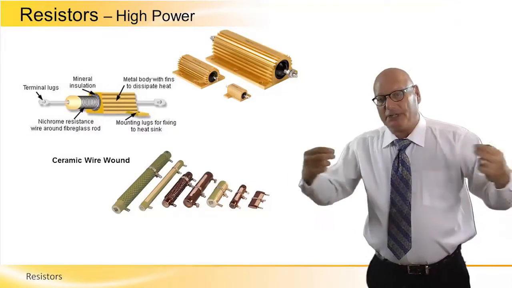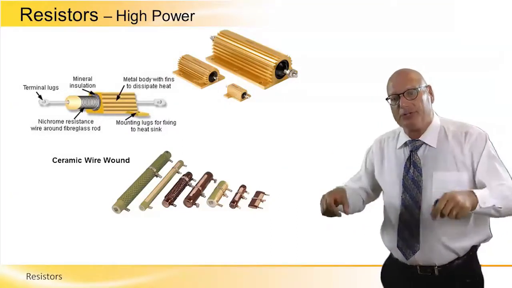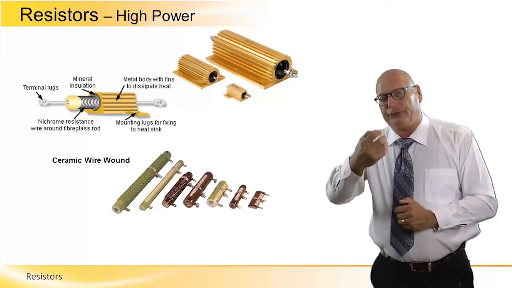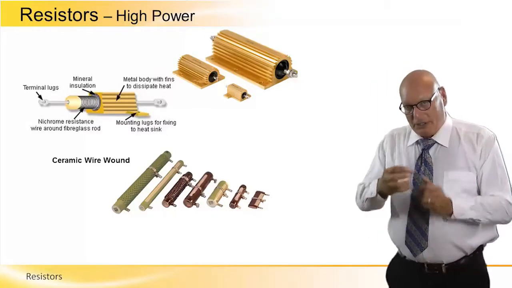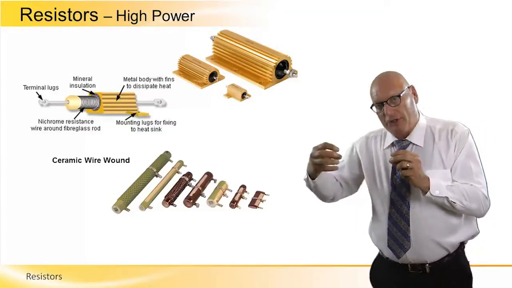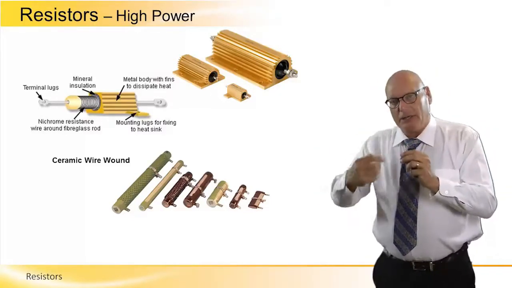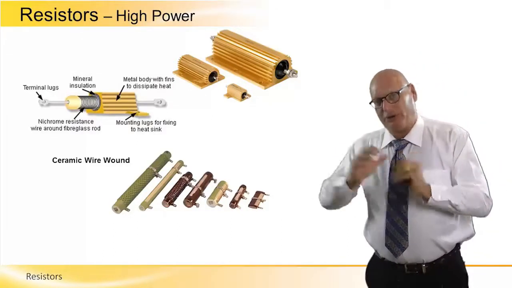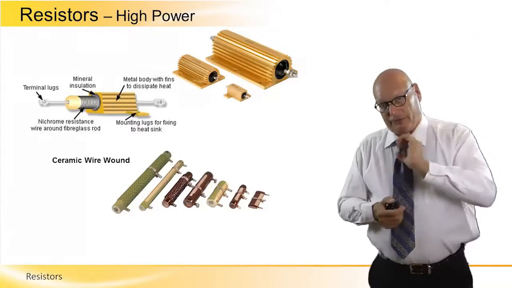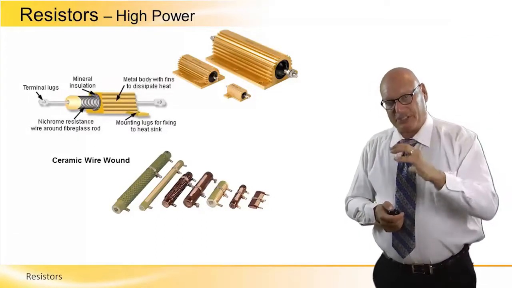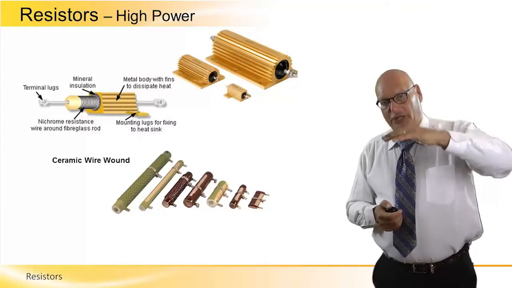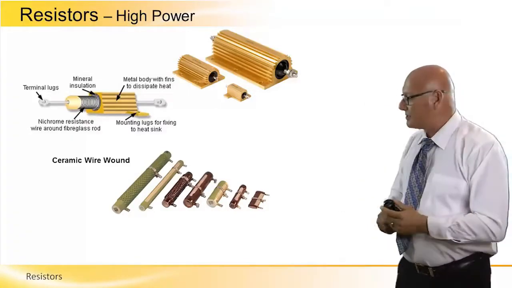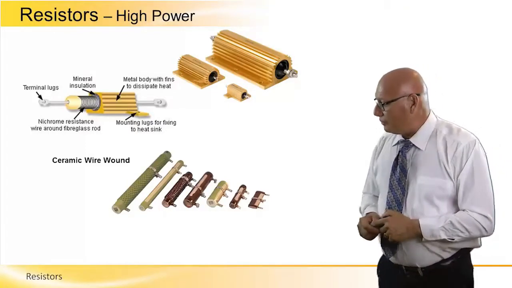Terminal legs come on both sides, and we have mounting legs. And basically we have a fiberglass rod at the center of the core, on which the resistive material is either wound or spread around. So we have the fiberglass core, the resistive material, the insulating material, and all goes inside this aluminum case.